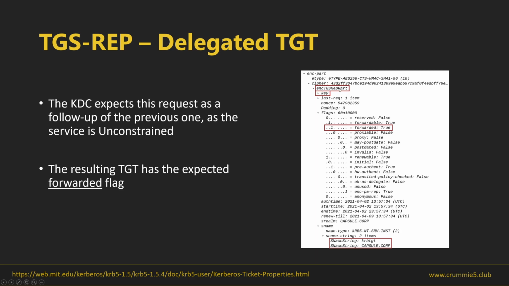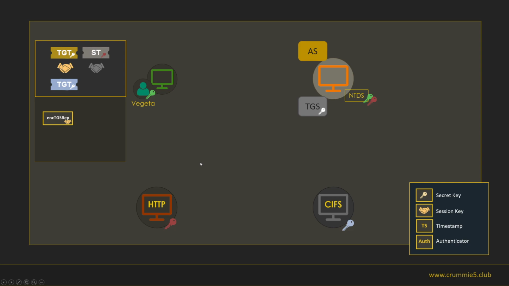At least that is what the encrypted part of the TGS response is saying to us, the client. The forwarded flag is true. We have the session key and we see that the target SPN of this ticket is krbtgt.